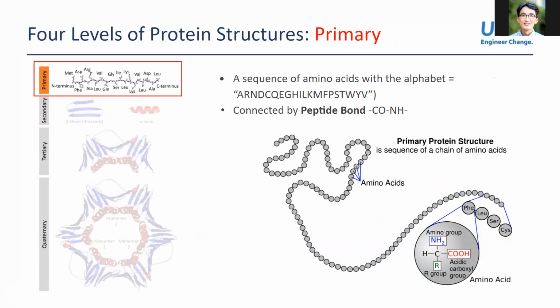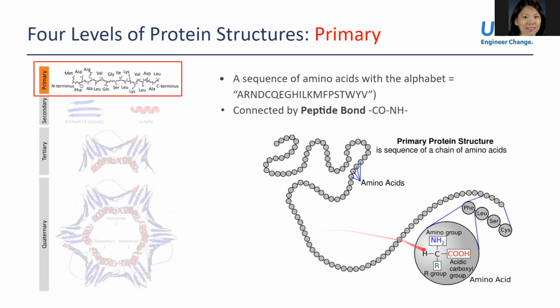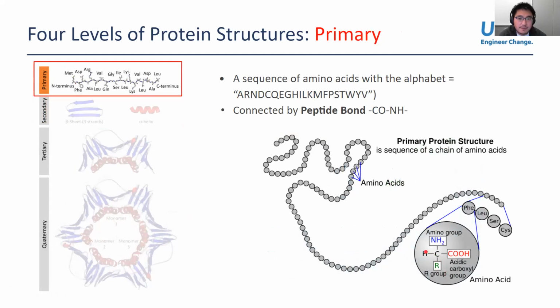I don't see any R. Where is R? Let me find a pointer. It's in the big round circle in green. Oh, that one, yeah. The R is different for different types of amino acids. There are a total of 20 of them. I hope this is right, based on my limited biology knowledge.